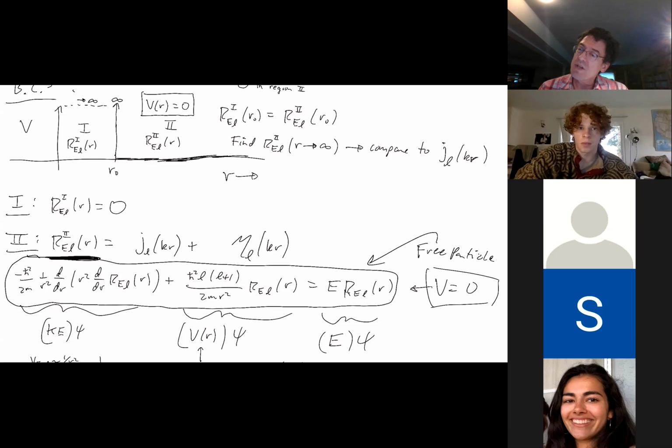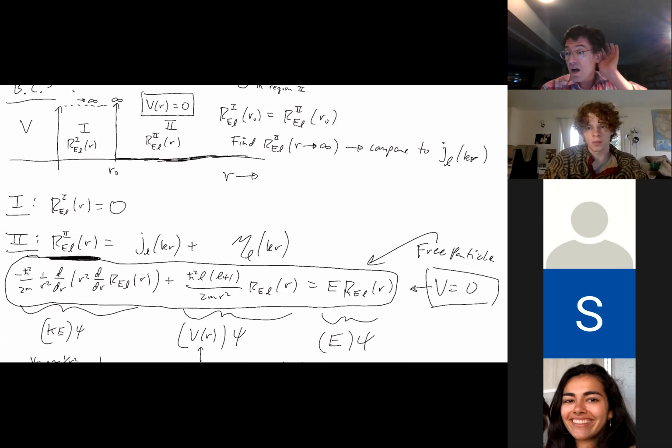When we talk about a free particle, it is a spherical Bessel function, not a spherical Neumann function. Why are we now including the Neumann term? The Neumann term would go to infinity at 0, and that was not cool. But now we don't need to worry about it going to infinity at r equals 0, because region 2 is at r greater than r naught, which is greater than 0.